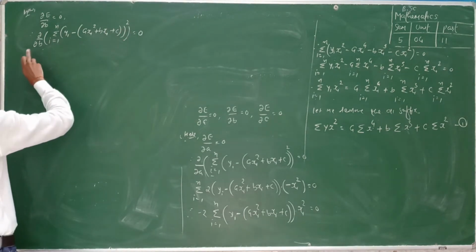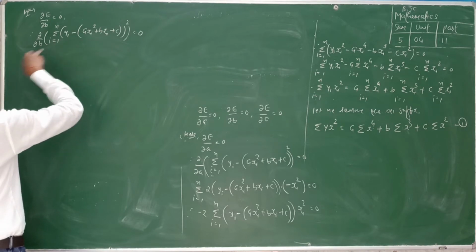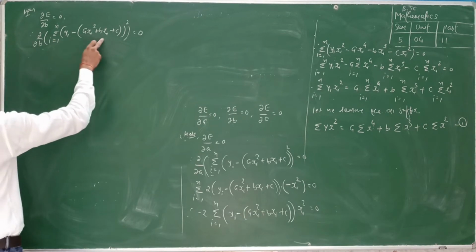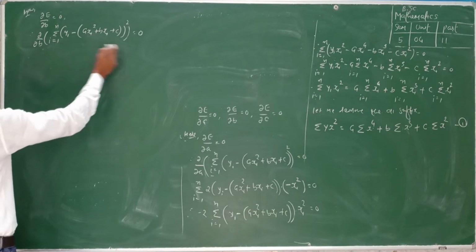So the partial differentiation of this equation with respect to b is equal to 0.